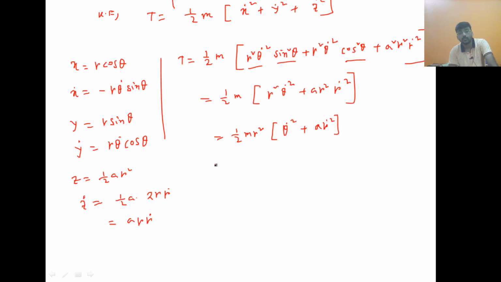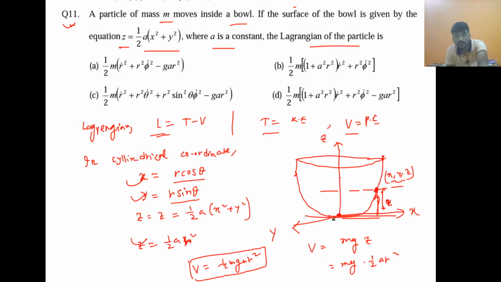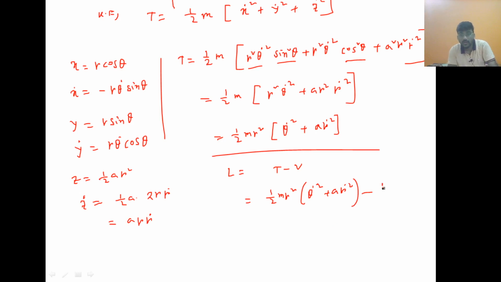Now what will be the Lagrangian? L is equal to T minus V. So here T is half m r square into theta dot square plus a square r dot square, minus V. What is V? V is half m g a r square. So minus half m g a r square.